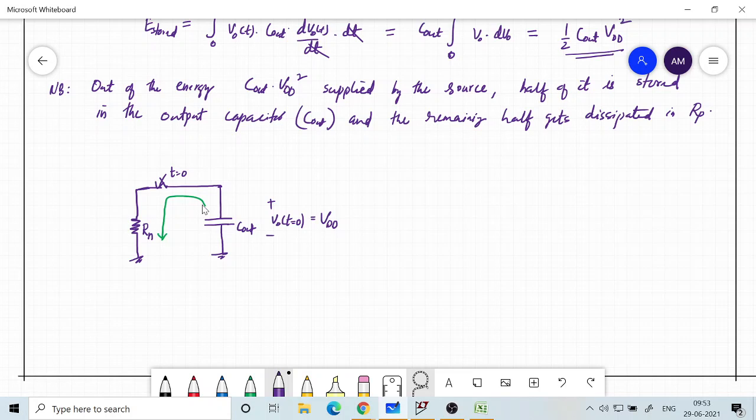Now all the energy that was stored in the capacitor C out will get dissipated in Rn.